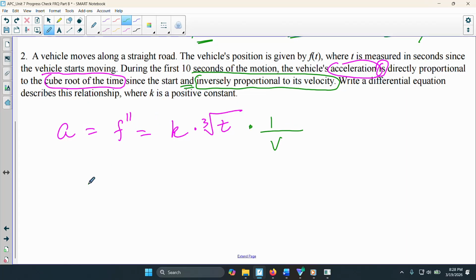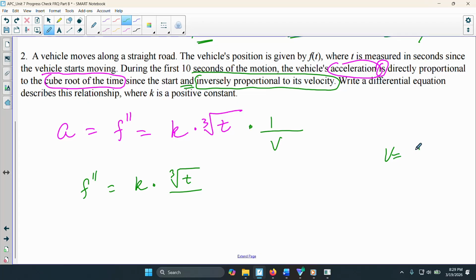Well, now, f double prime, because they're asking for a differential equation. I don't want to see a and v and that kind of thing. Everything is going to be in terms of the original function and its derivatives. So f double prime equals k times cube root of t divided by, well, v is what?